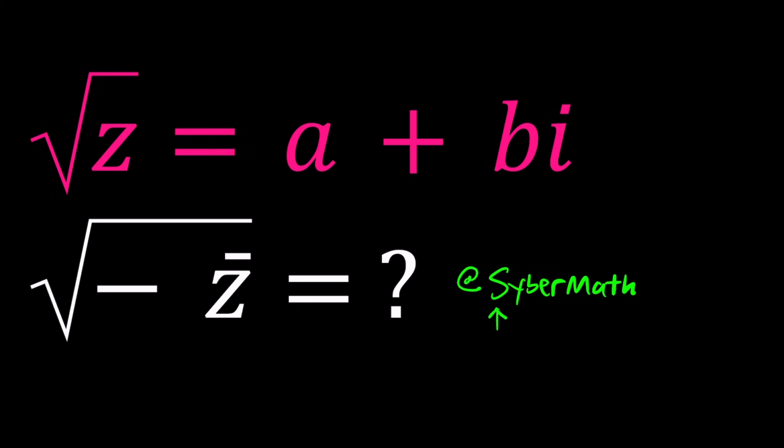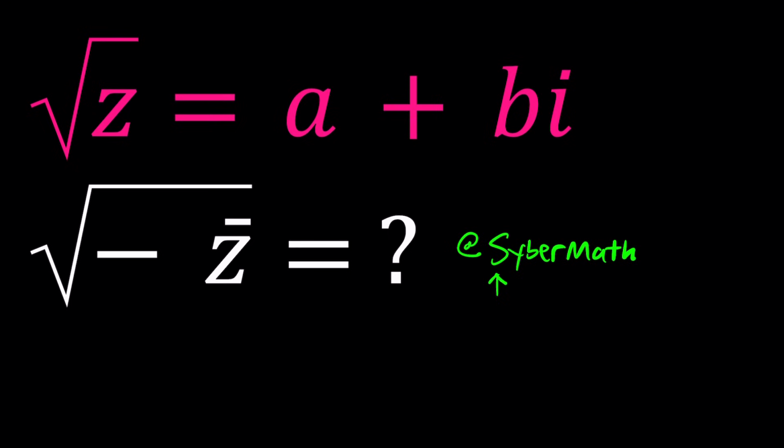Great, now let's take a look at how we can solve a problem like this. First of all, this is kind of a non-standard problem, because if they told us the square root of z is equal to 3 plus 4i, then you could just square both sides and find z. Very easy, right? It's straightforward because that's like an exercise. But this is a problem.